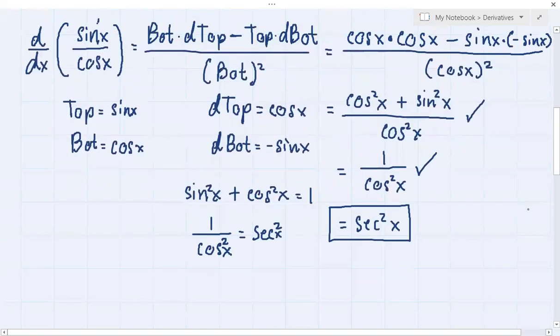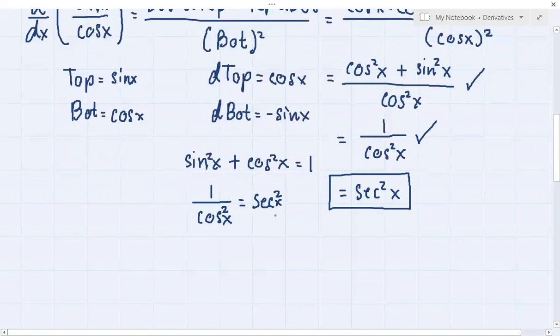Okay? That is actually our final answer. Ulitin ko, 1 all over cosine x is the same as secant x. So, kapag nakasquare si cosine, ibig sabihin nun, nakasquare din si secant. So, therefore, 1 all over cosine squared x is the same as secant squared x.